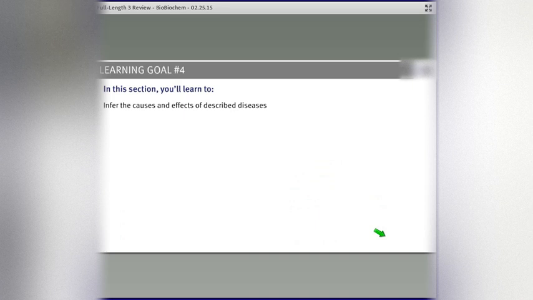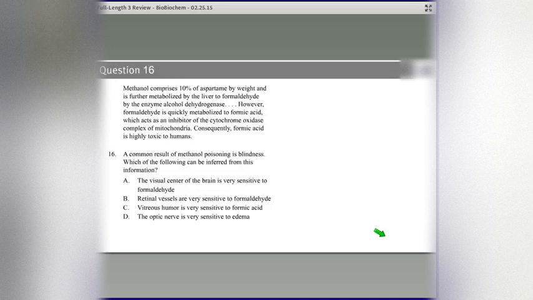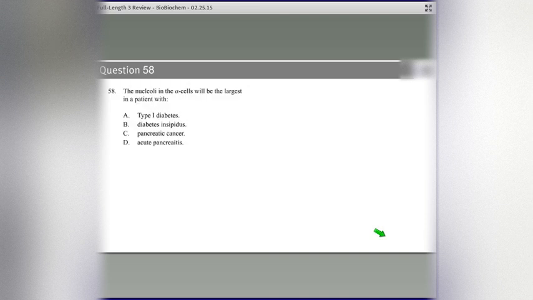So we have to take a look at the effects of various diseases and see if we can identify them based upon the question that we're given. Okay, so let's see what we are dealing with. Do question number 16 for homework. Let's do the next question. That's another nice one also. Number 58.